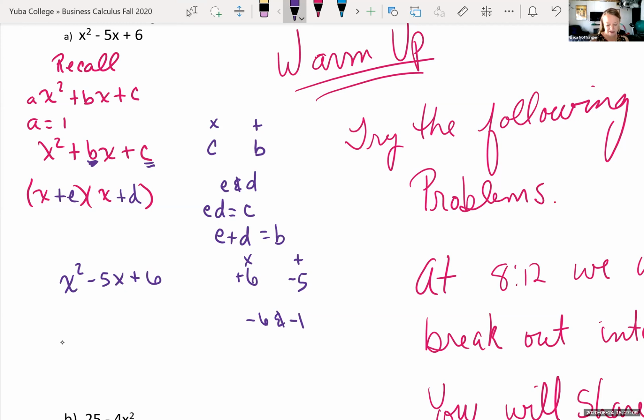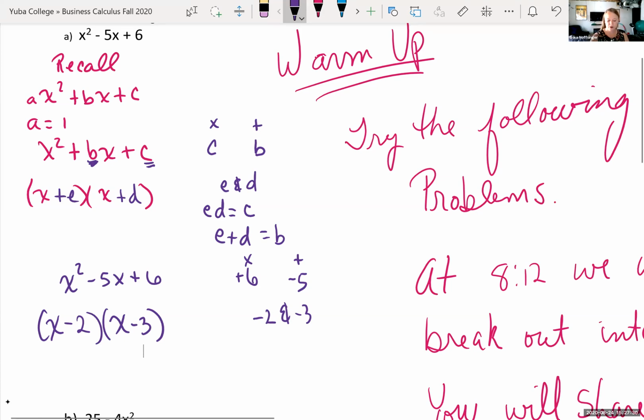Negative 2 times negative 3 is positive 6, and negative 2 plus negative 3 does give us negative 5. So this factors as x minus 2 times x minus 3. And it doesn't matter which factor you put first. It could have been x minus 3 times x minus 2.